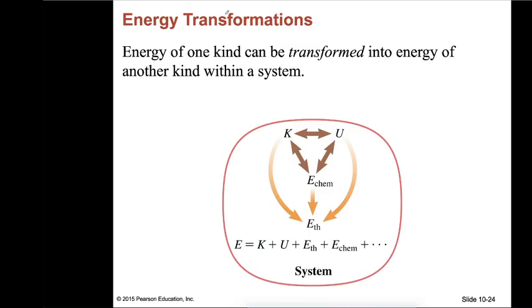Different types of energy could be transferred or transformed into each other in a system. For example, kinetic energy could be transferred into potential energy, and they also can be converted or transformed into chemical energy, and they can also be transformed back into each other.